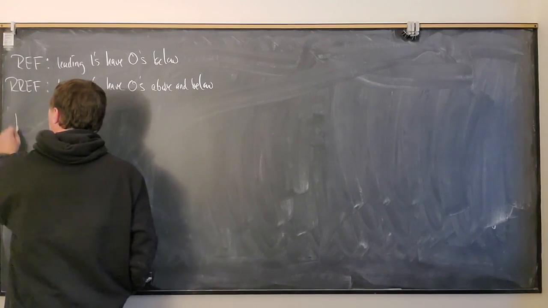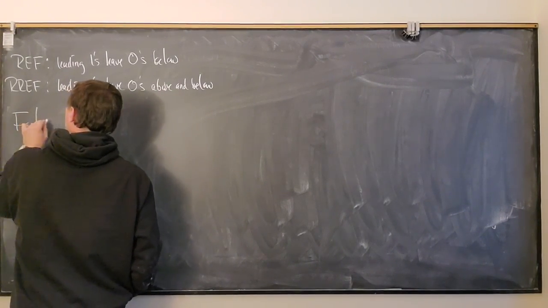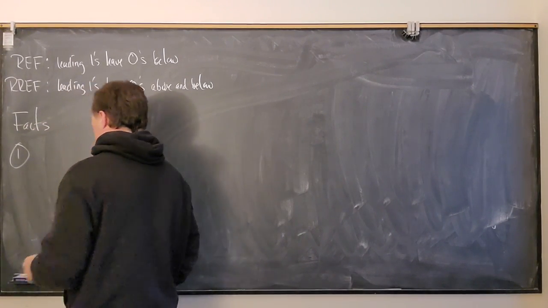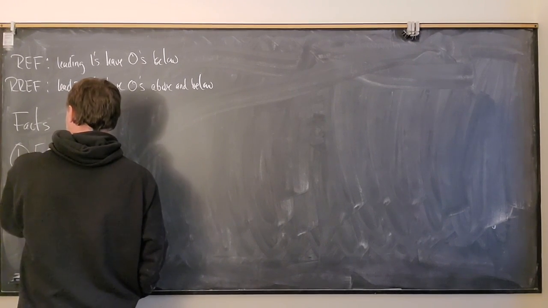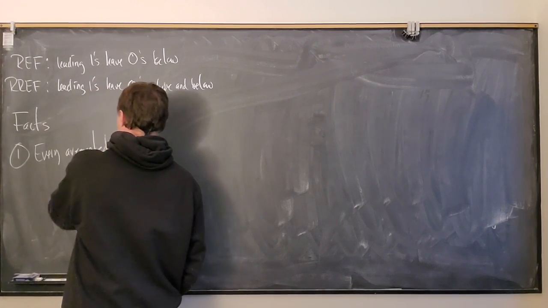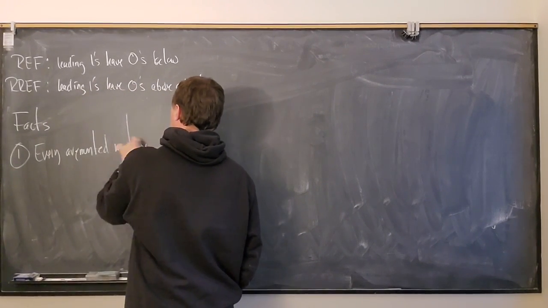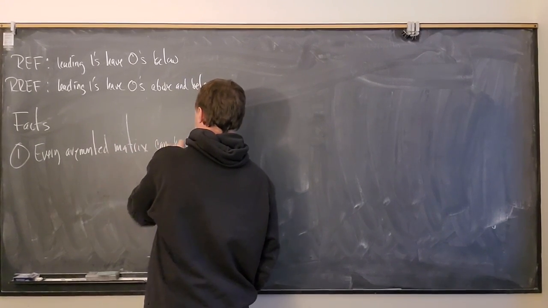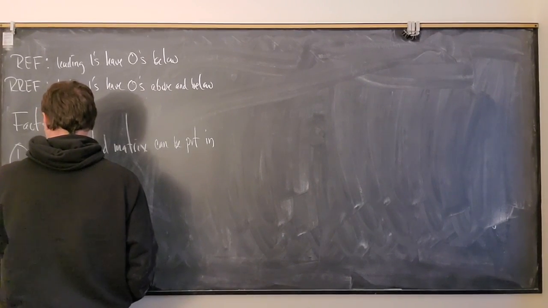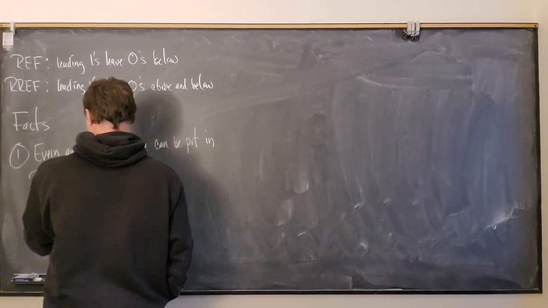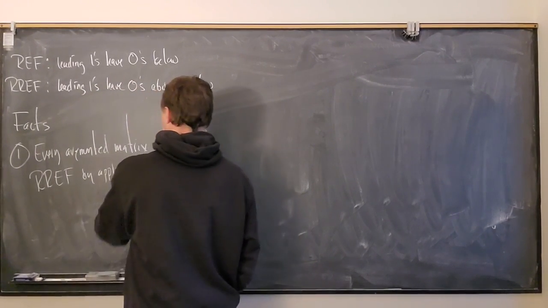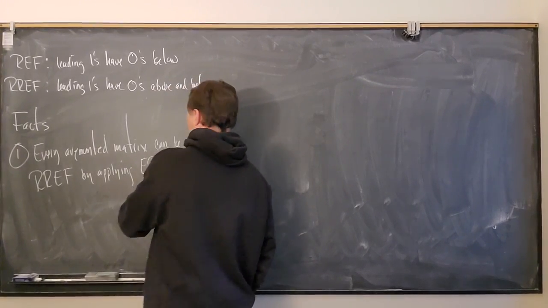Now, before we go any further, we need these facts right here. So the first fact: every augmented matrix can be put in reduced row echelon form by applying elementary row operations.